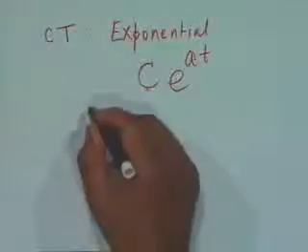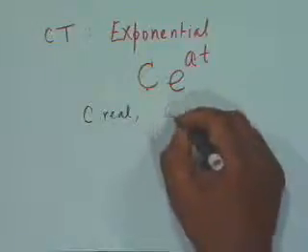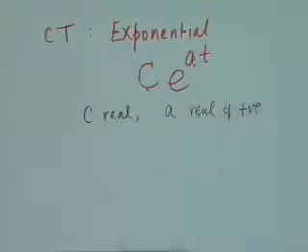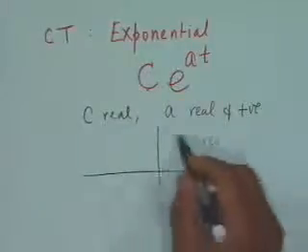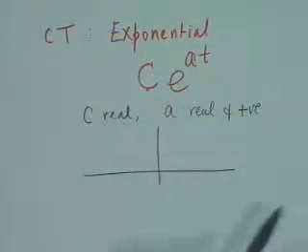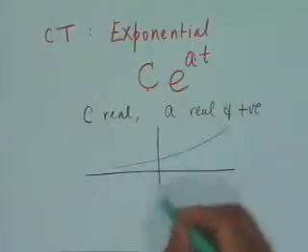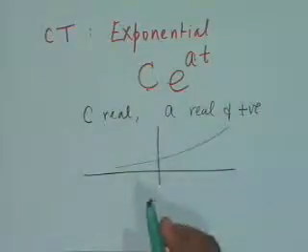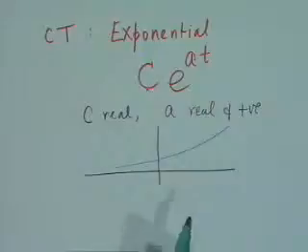First, let us say c is real and a real and positive. C is real and a is real and positive. Then obviously a plot of this shall look like a growing curve. That is a curve which has an upward slope, a positive slope all the time.